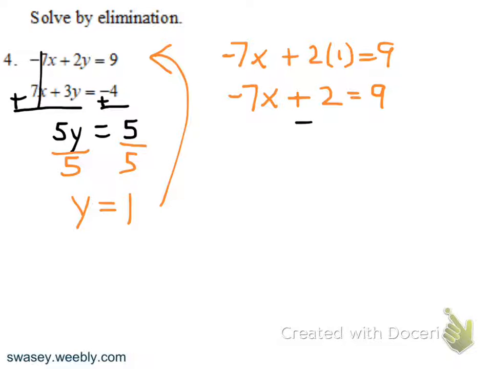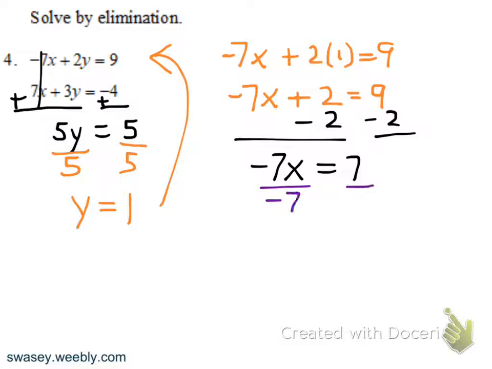And now we'll subtract 2 from each side. And so we have negative 7x equals positive 7. And finally, we'll divide by negative 7. And so we have x equals negative 1. So our ordered pair, our solution, is negative 1, 1.